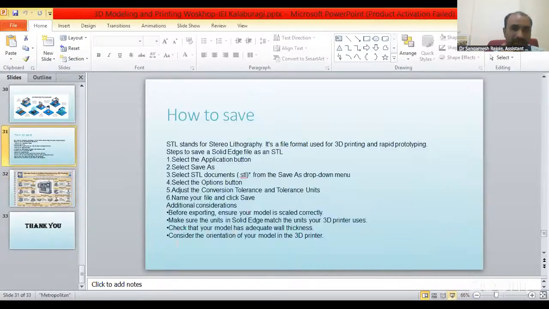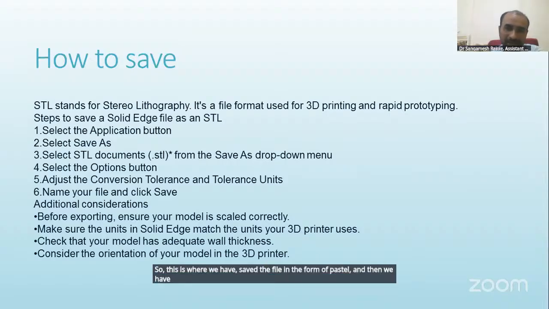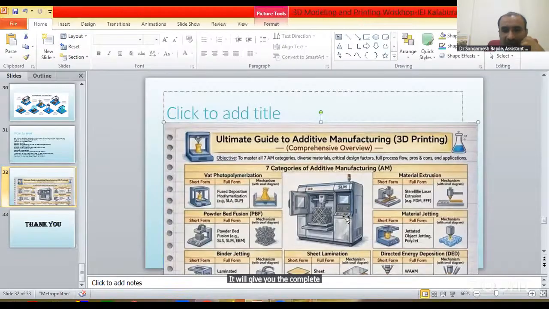So this is where we saved the file in the form of STL, and then we sliced it and submitted it to the printer, and the printing has started, and the required material is being printed. If you see this slide, it gives you a complete, clear idea of the guide for how exactly 3D printing happens.